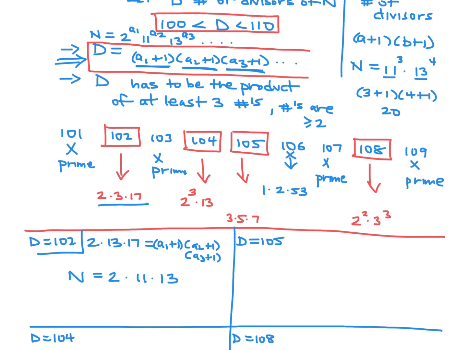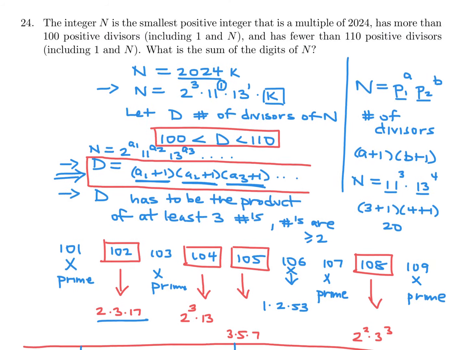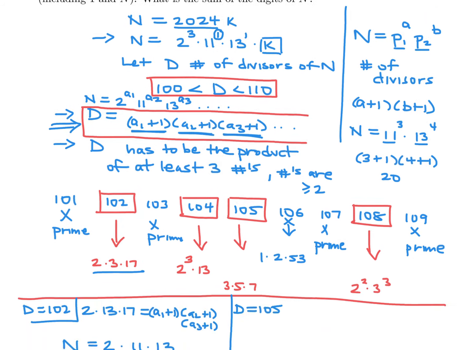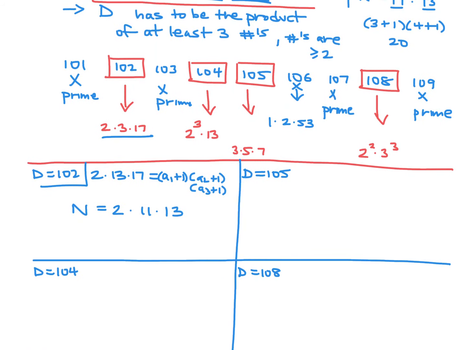Okay, and we are always looking for the smallest. That's a very important thing that I reminded myself of. n's got to be as small as possible. So to get n as small as possible, I'm going to make the big one a power of n. So I'll put the 17 here.